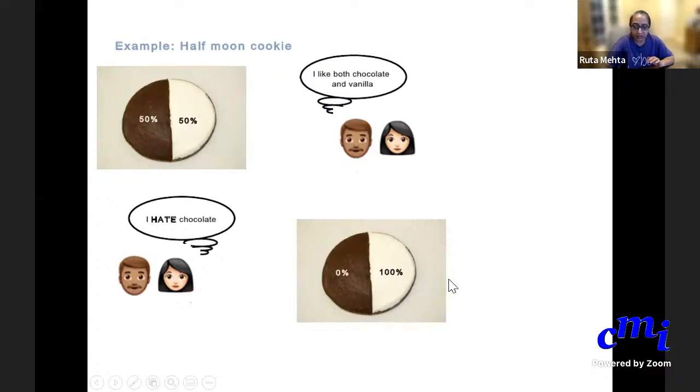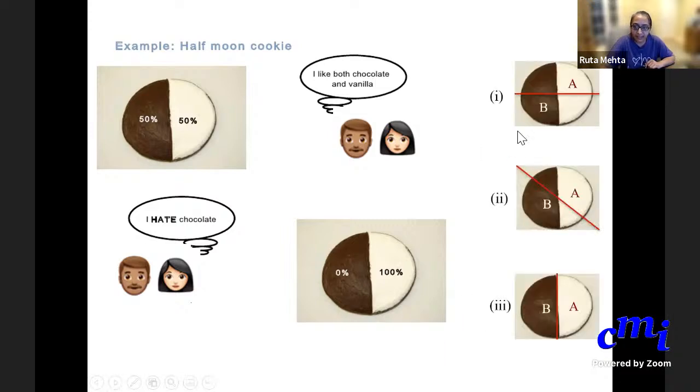So how should we divide the cookie between them? Imagine I give you these three possible partitions. The red line tells you the partition, and let's say the B side goes to Raj and the A side goes to Geeta. What's your thought? Which one should be the good outcome?